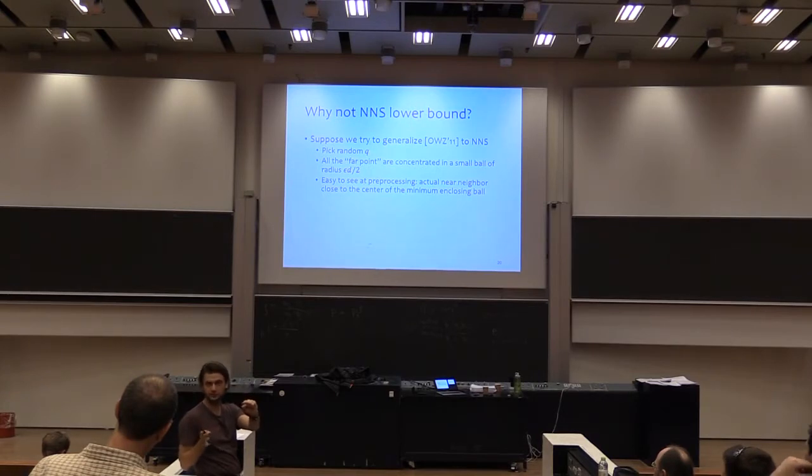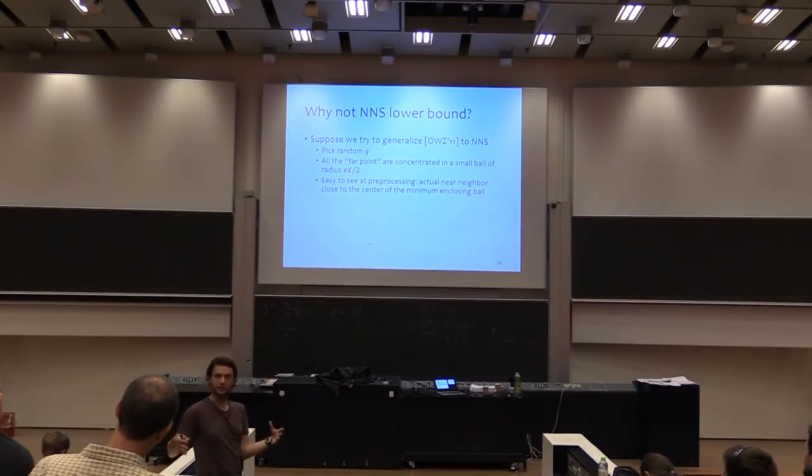Now the data structure takes the data set. You can see certain structure in this data set, namely that a lot of the points are concentrated in a certain ball. And there is exactly one point which is very close to the center of the ball, and this is our target near neighbor.